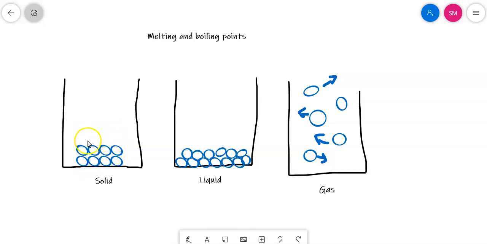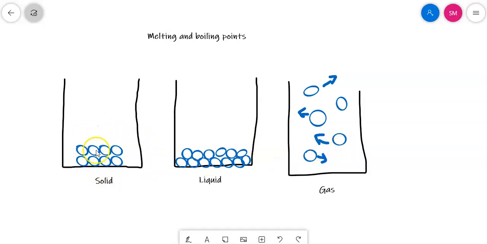So for some substances, the strength between the particles will be very strong, and so it will take a large amount of kinetic energy in order to break those bonds and move the substance from a solid to a liquid to a gas. In other substances, the strength of the bonds between the particles will be very weak, and so it will take very little kinetic energy to move the substance from a solid to a liquid to a gas.